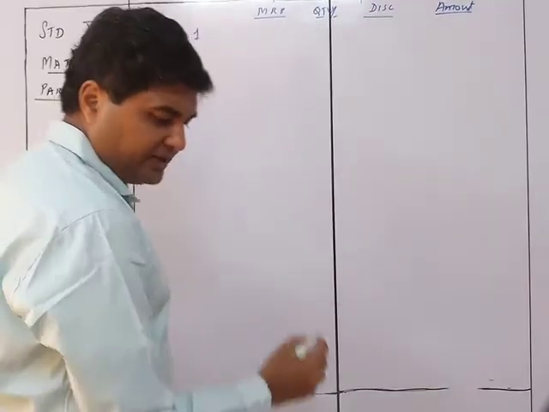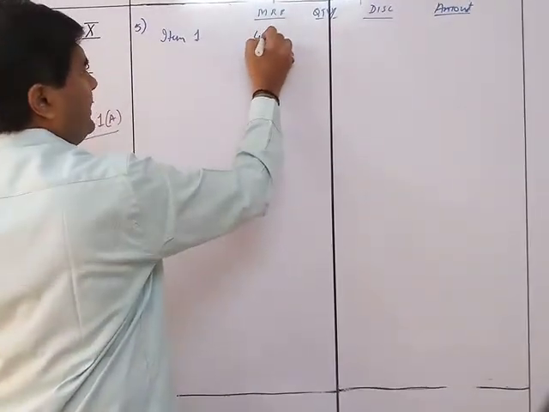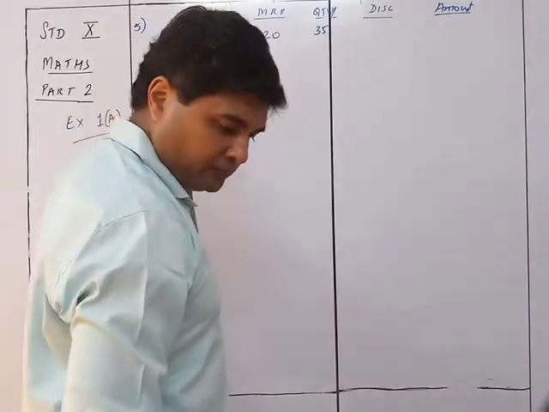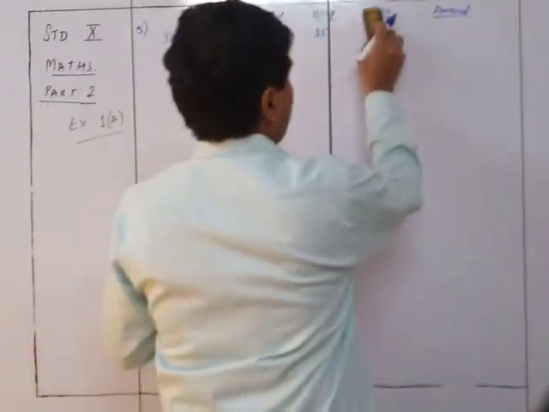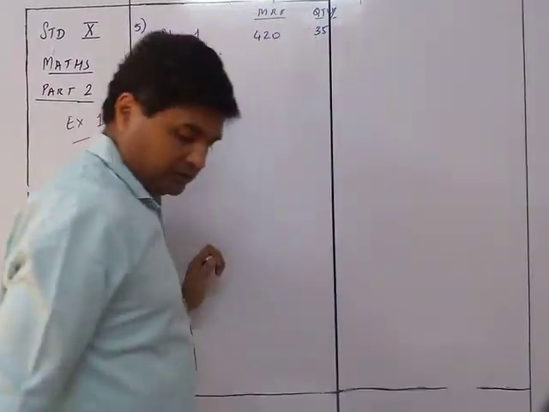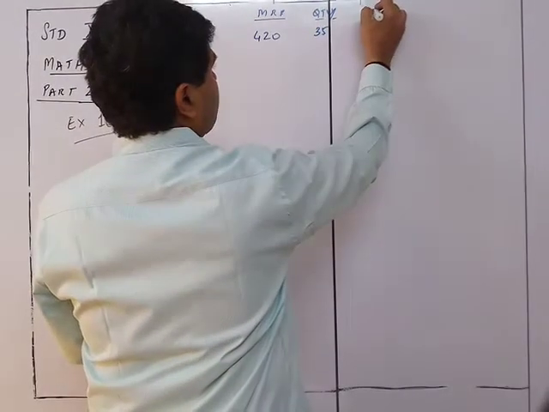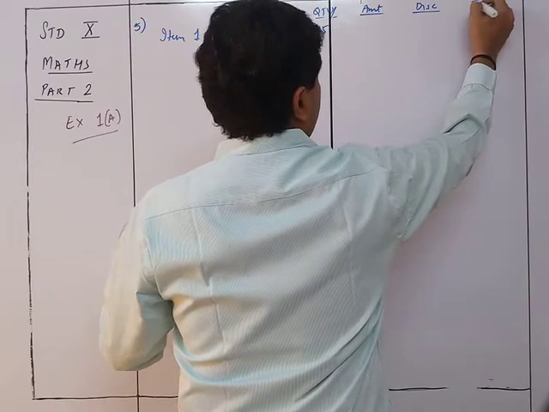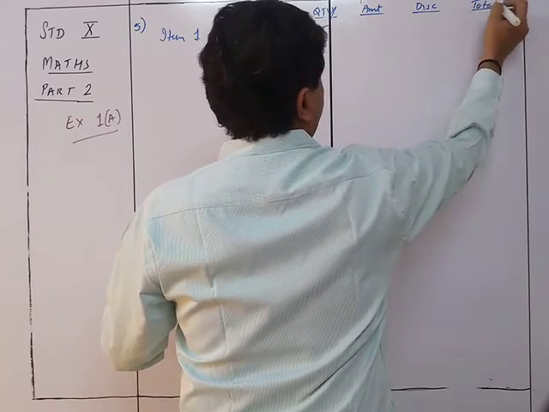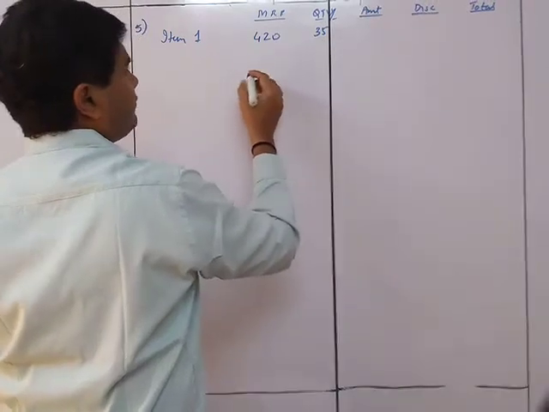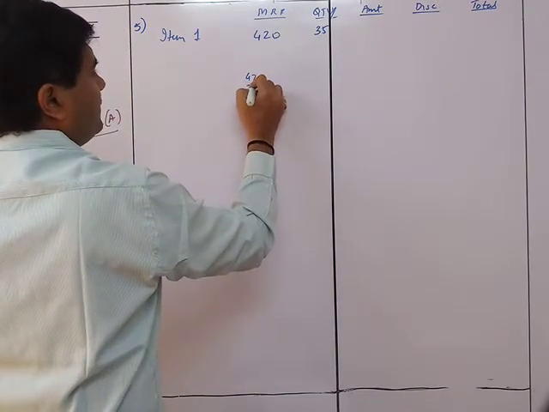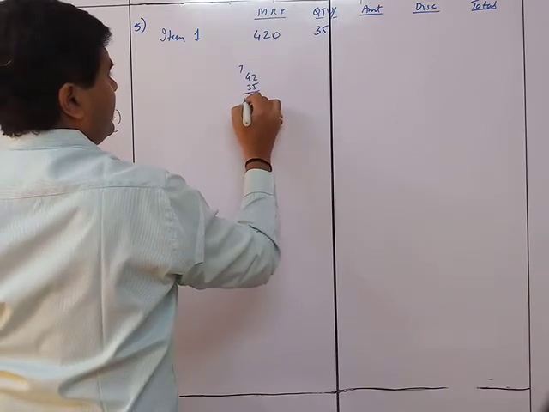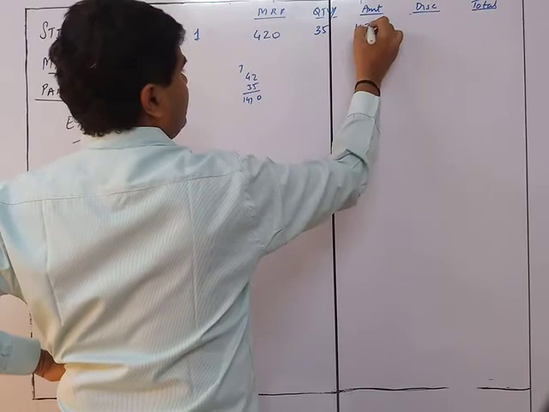So the first item is given as 420 rupees, with 35 quantity. We'll add one more column over here, that is the amount, and then the discount, and then the total amount. So we know it is 42 into 35. 35 twos are 70, 35 fours are 140, so 147, so it is 14700.